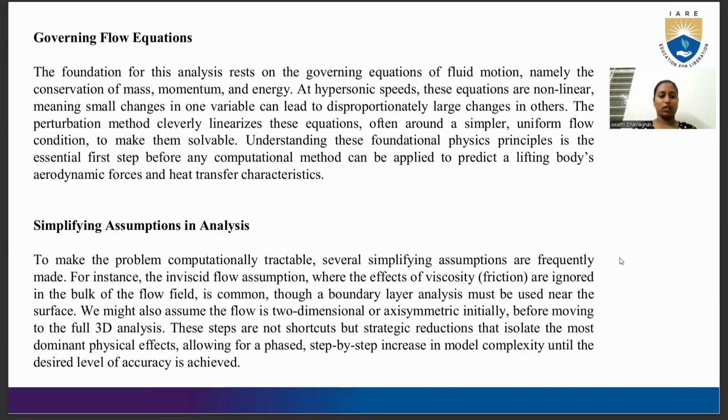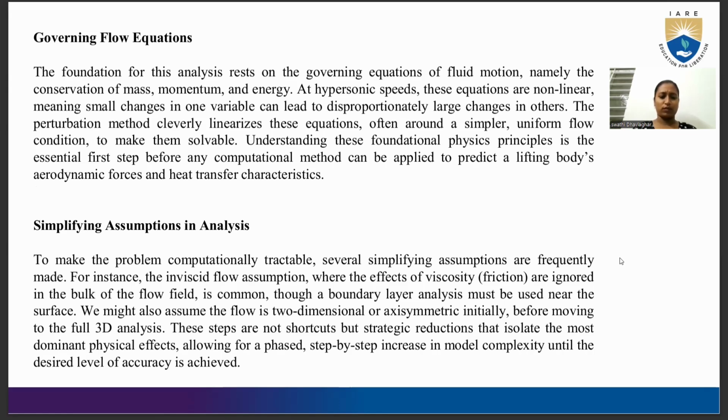Simplifying assumptions in analysis. To make the problem computationally tractable, several simplifying assumptions are frequently made. For instance, the inviscid flow assumption, where the effects of viscous friction are ignored in the bulk of the flow field, is common, though a boundary layer analysis must be used near the surface.